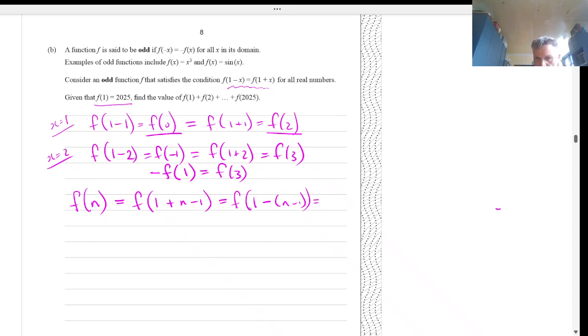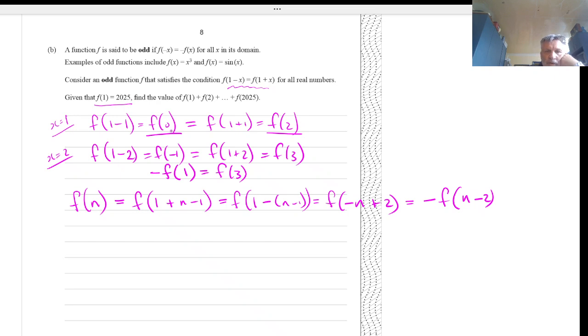And that is, of course, the same as, 1 minus minus is going to be plus, so it's f of minus n plus 2. And we can take the minus sign out, so that's the same as minus f of, we have to negate all of this, so it becomes n minus 2 inside. So this says a value f of n is the negative of the value that's 2 before.